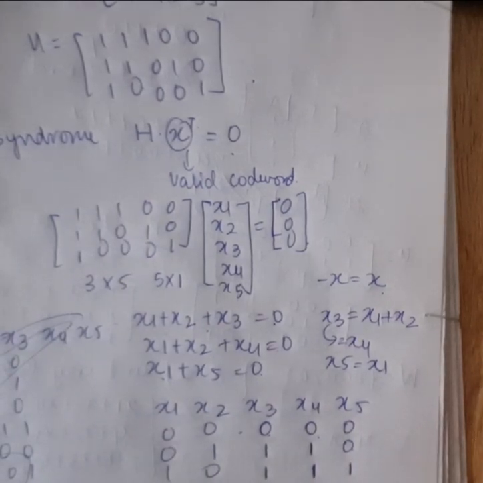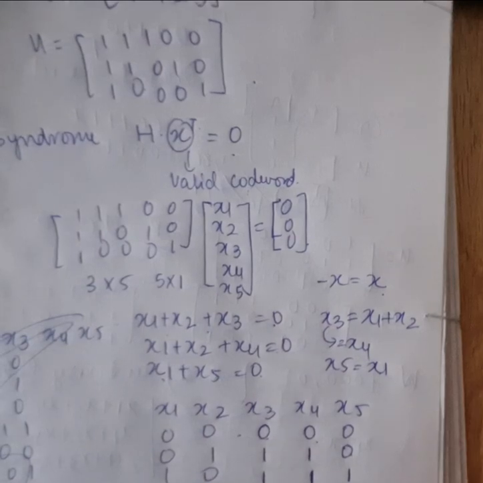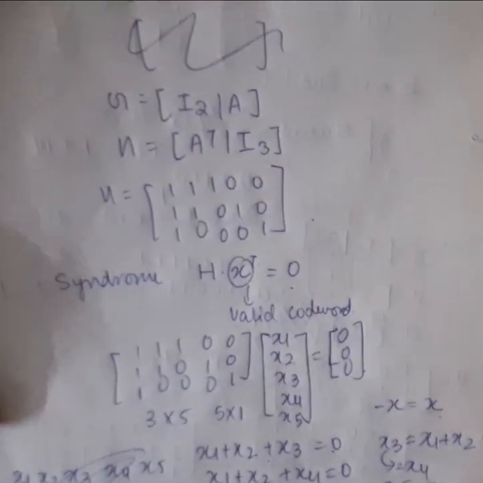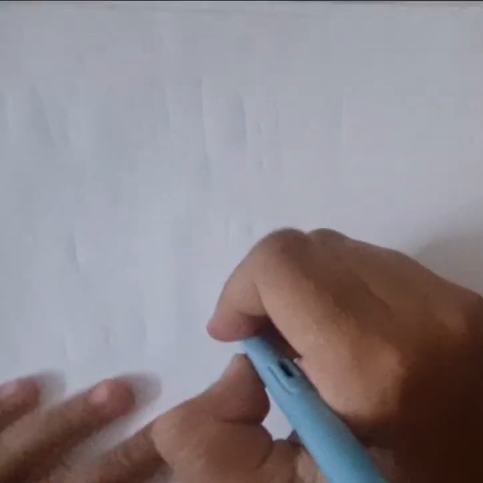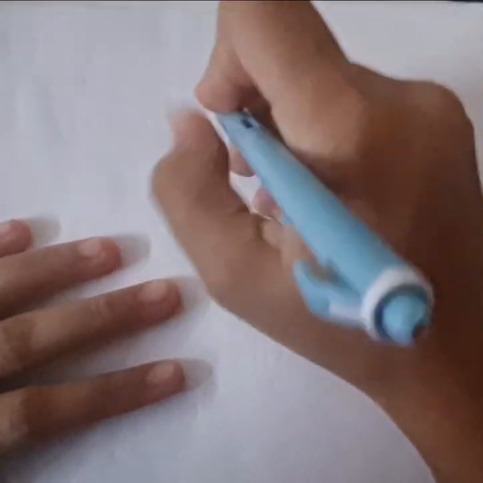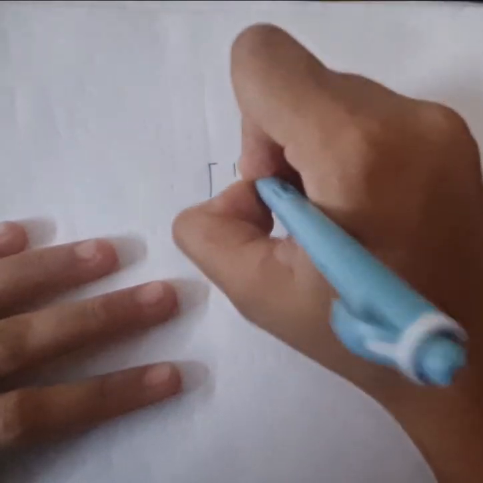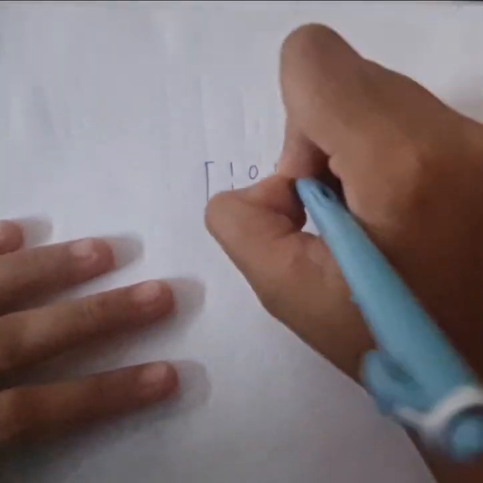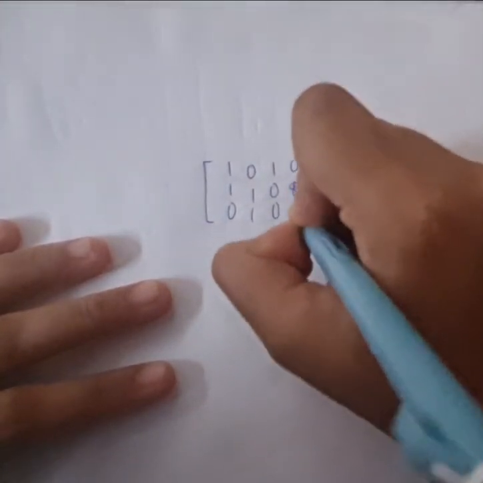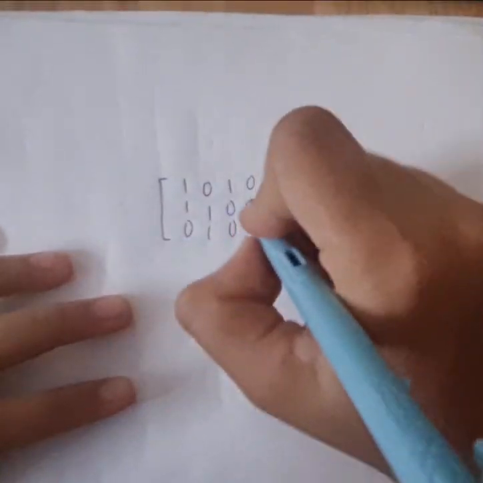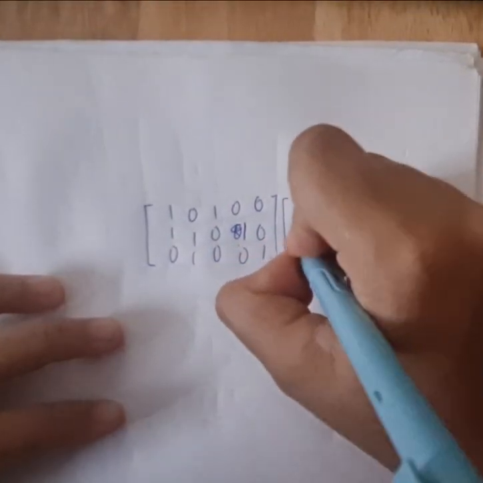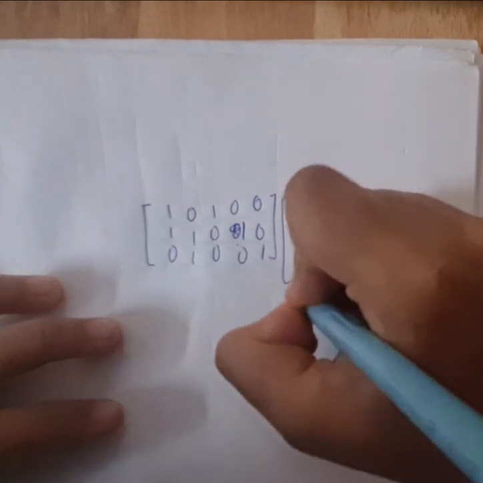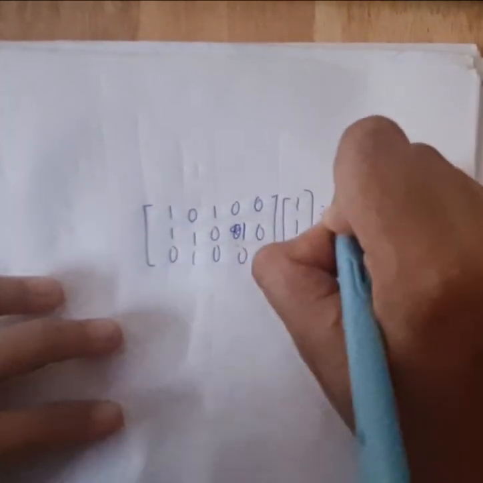Now the next question is to find the decoded word for the message 11101. So you take your H matrix and multiply it by the message that you got, that's 1 1 1 0 1.